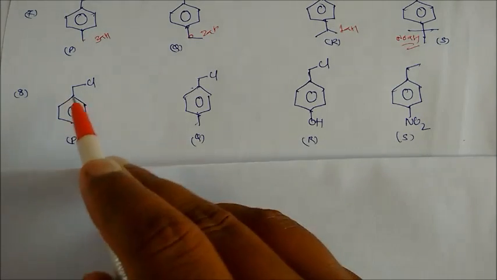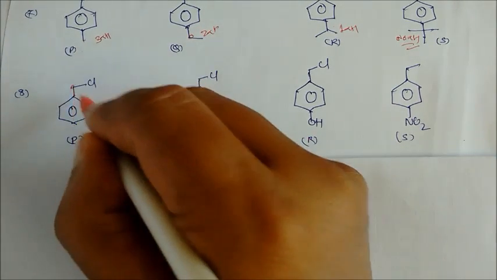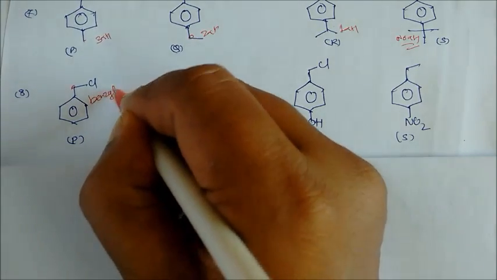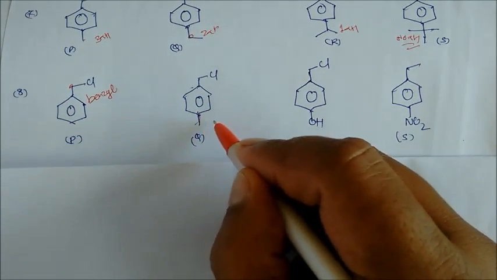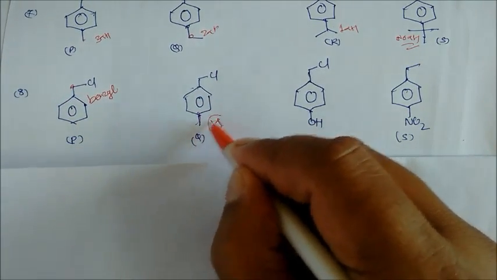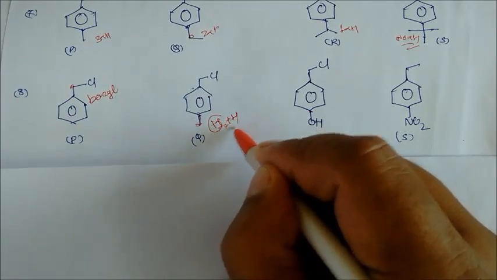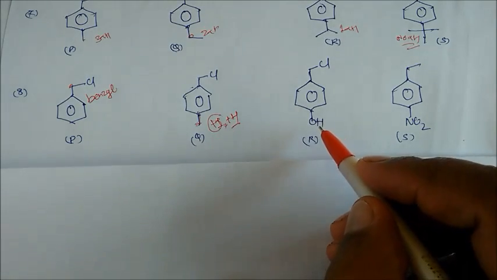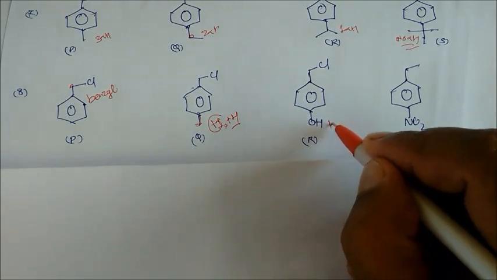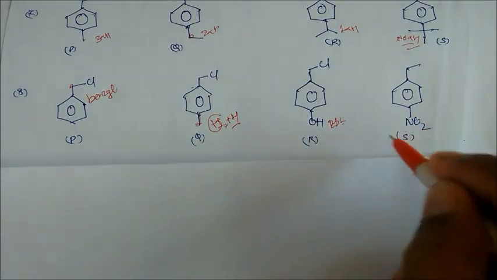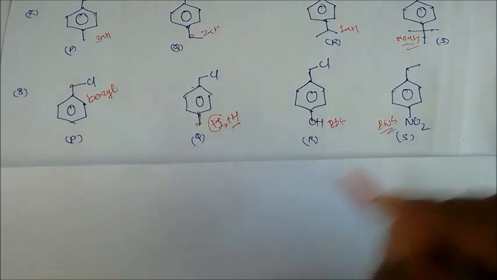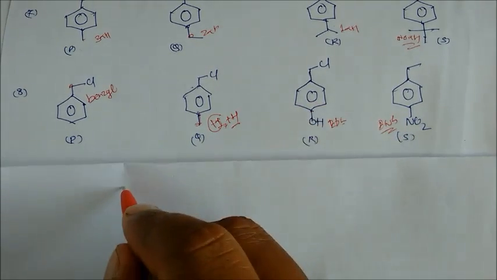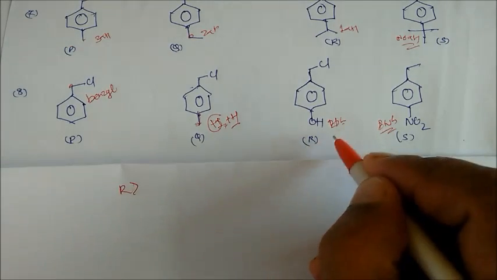So this is the benzylic carbon. We can say this carbon is benzylic, and this carbocation will be more stable. In this case the I effect is also there, plus the I effect given by this one, and plus H effect. So 2 effects are there, so this will be more stable. Here OH is present, so an electron donating group is present over there, and this is the electron withdrawing group. So the stability of the carbocation will be, first R, because R has a plus R effect.